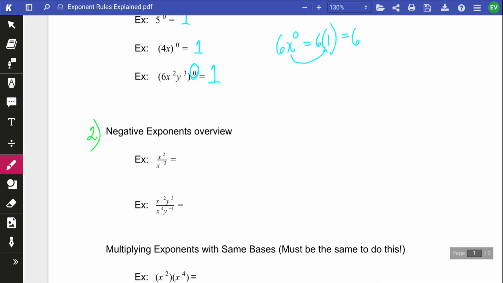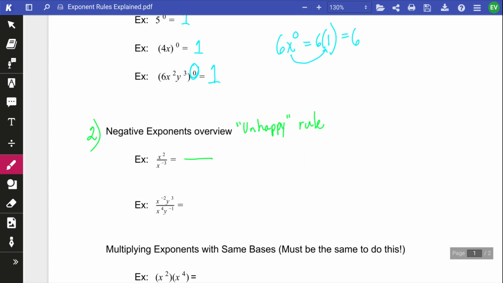So I call this kind of my unhappy rule. All right, remember every number has both a numerator and a denominator. So in our first example, we have x to the 2nd power in the numerator, and we have x to the -3rd power in the denominator.